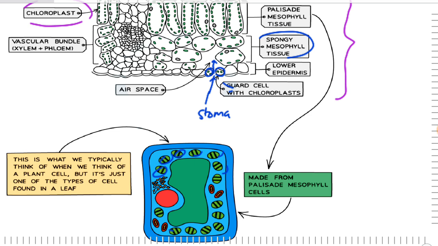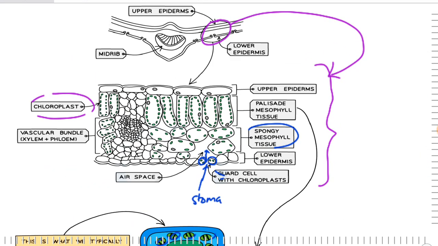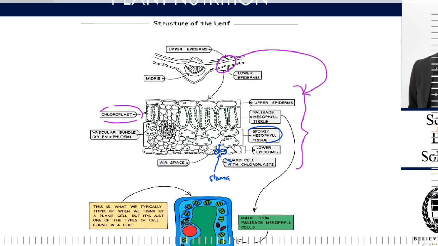So every time we talk about plant cells, we give reference to the palisade cells so much to the point that we think the whole plant is made up of palisade cells, but no, it also has other cells. So that's our structure for the leaf.